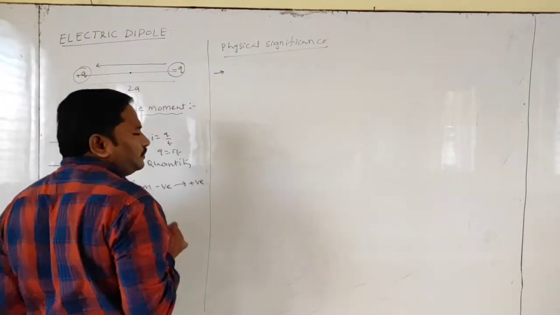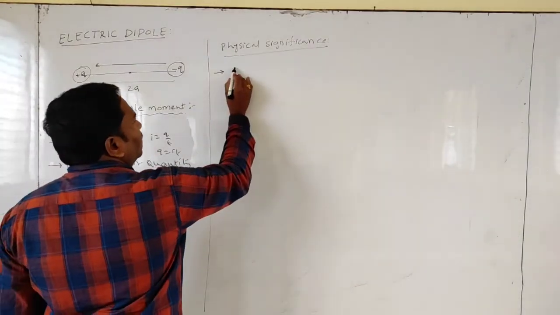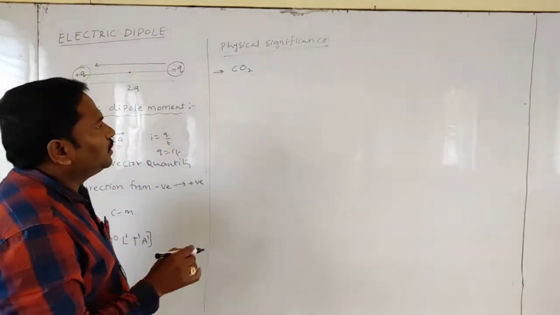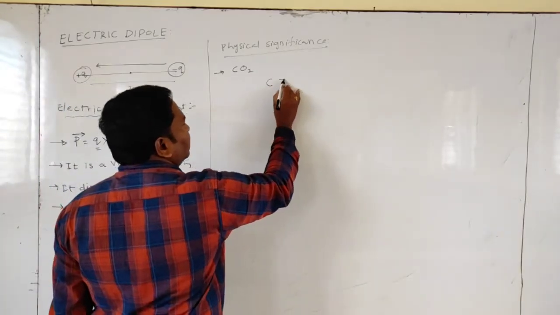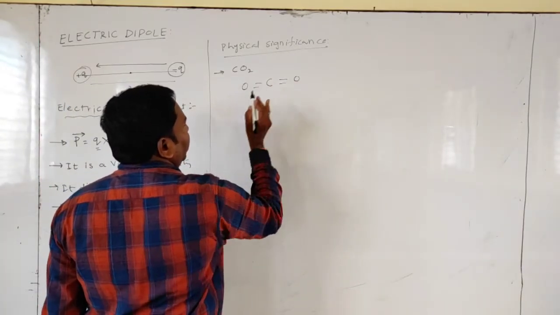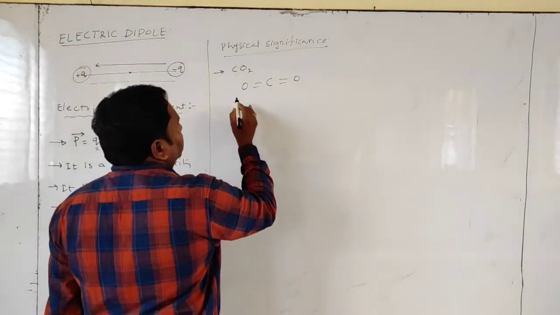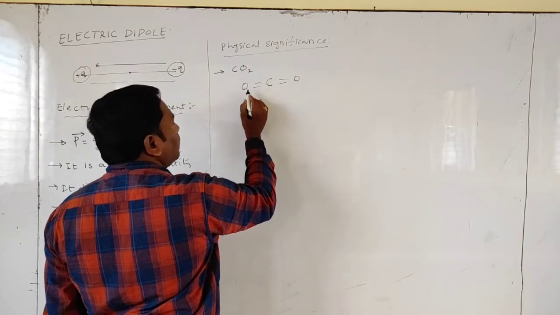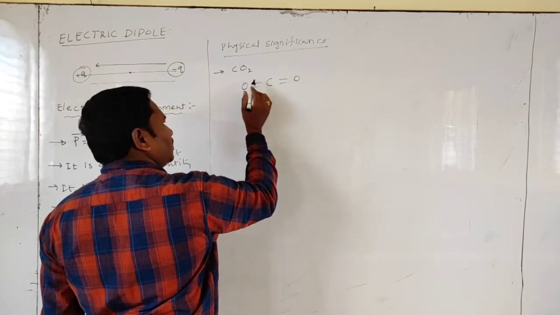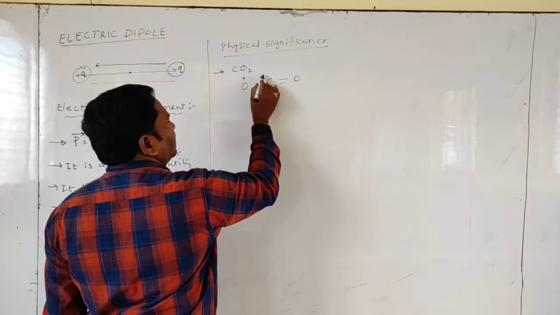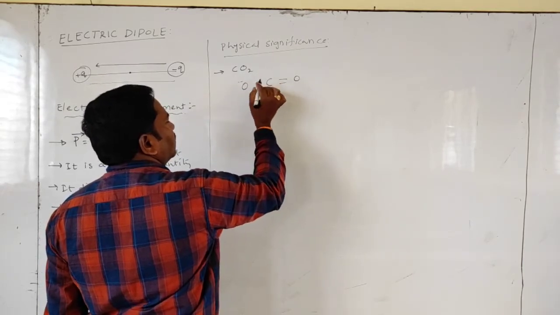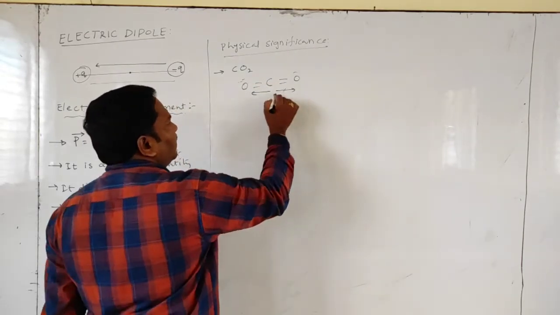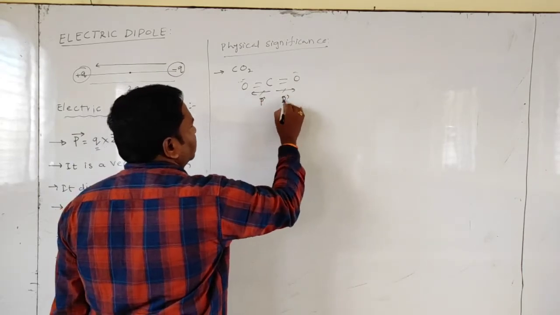For example, CO2 has a dipole moment of 0. Here the two electric dipoles point in opposite directions, from here to here and from here to here, so both cancel each other and the net dipole moment is 0.